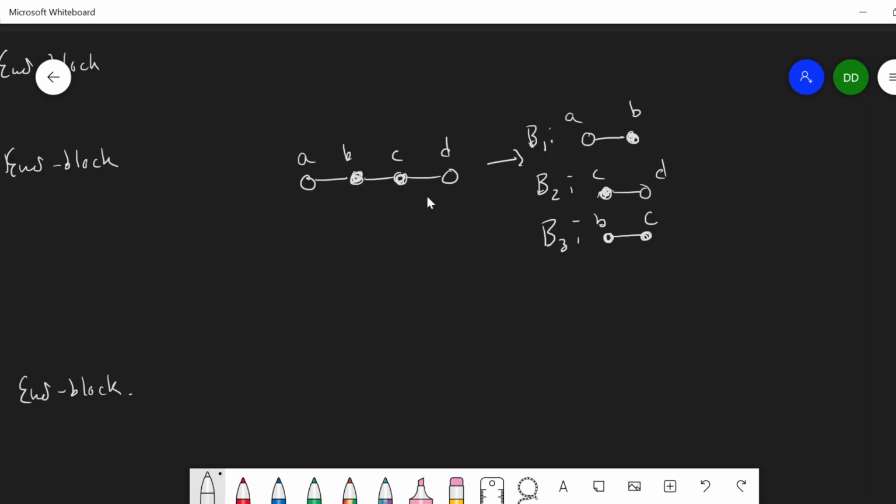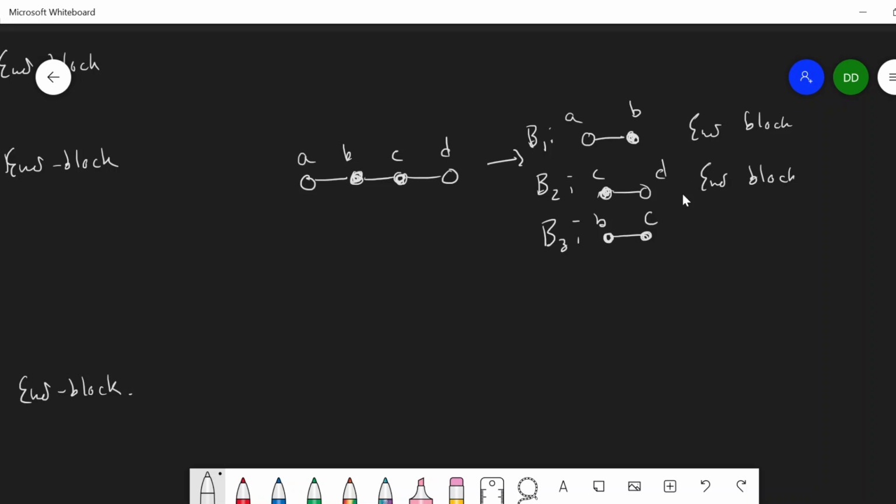The addition of any other vertex in this would be separable. So these are my blocks of the path, and notice that B1 and B2 are end blocks. This is sort of the extreme, where we just have 2 end blocks.